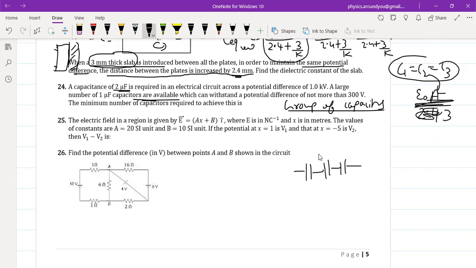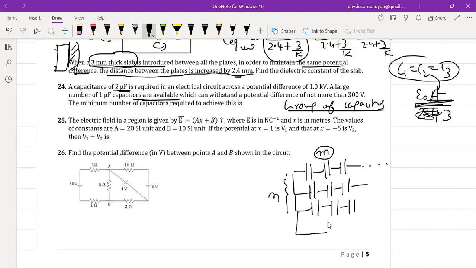I will assume there are m number of capacitors in series, and then there are n branches of such groups connected to a battery whose voltage is given as V. Again, I will assume this circuit to be m identical capacitors in series connected in n parallel branches. All right.